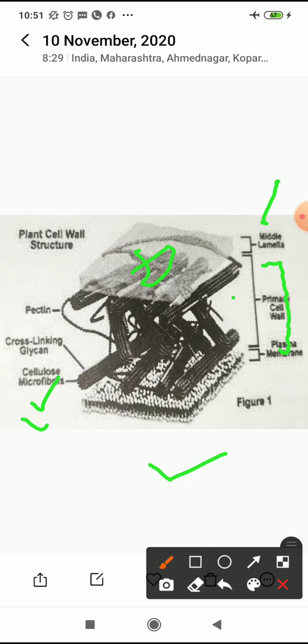These microfibrils are made up of cellulose, and pectin-rich cementing substance is laid down in between the walls of adjacent cells, to which we call as a middle lamella.